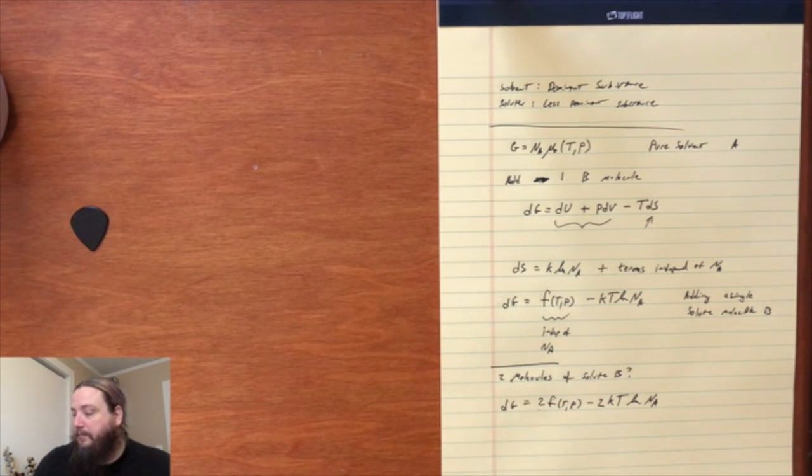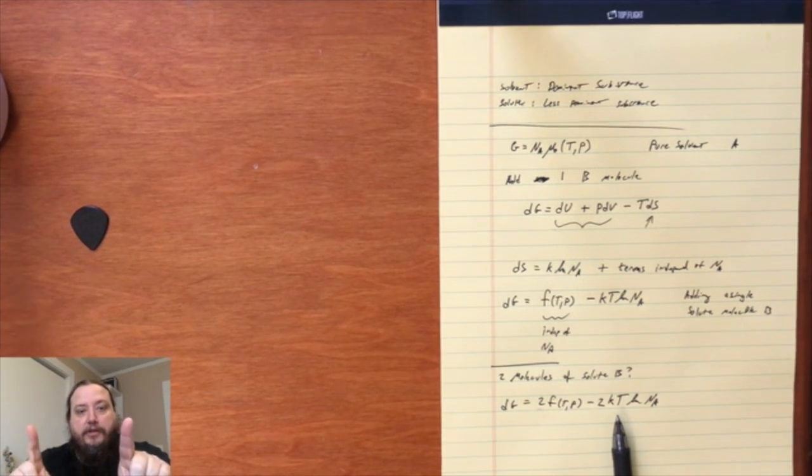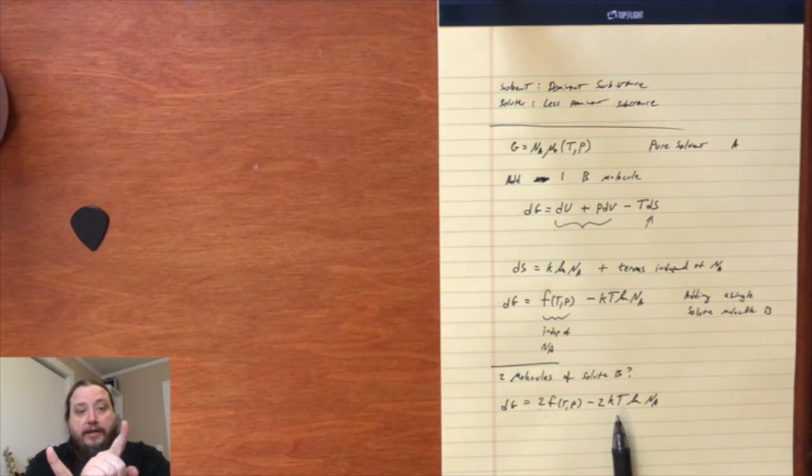But this term over here, which again represents the added entropy of where you are going to put those 2 molecules, has an effect that we first saw when we were looking at the ideal gas, which is that because the 2 molecules are indistinguishable from one another, this orientation and that orientation we can't tell the difference between, right?